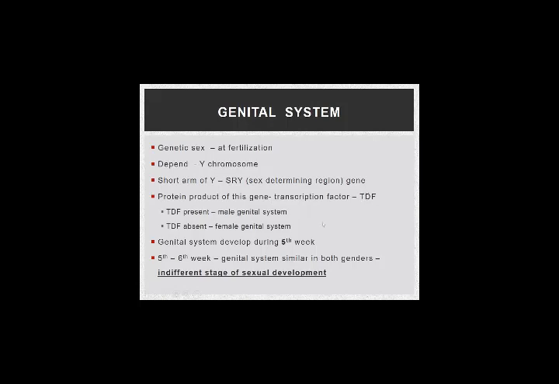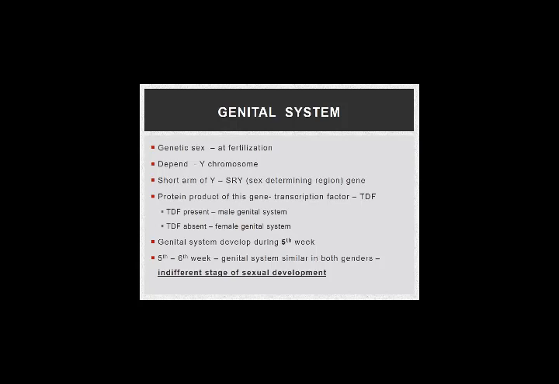Now, the genital system actually develops by the 5th week. Up to the 5th week, that is between the 5th and 6th week, in these 2 weeks, the genital system in both the genders is the same. So developmentally, 5th to 6th week, the genital system is similar in both the genders.